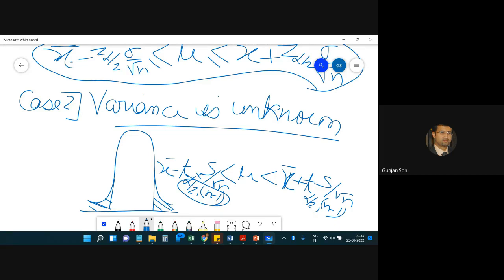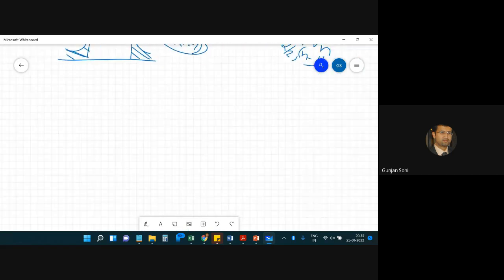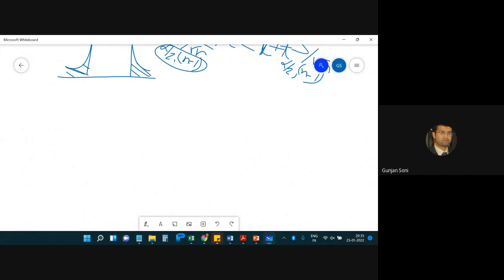So let's do a problem now. The problem is somewhat like this: there are New Zealand companies trading in China, and they were asked for the number of years of trading in China.